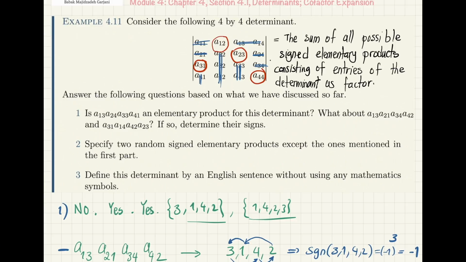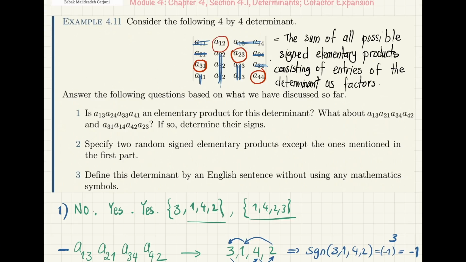Yes? So it means that if I want to define this 4x4 determinant, I can just simply say the sum of all possible signed elementary products. Yes? It's as simple as that.